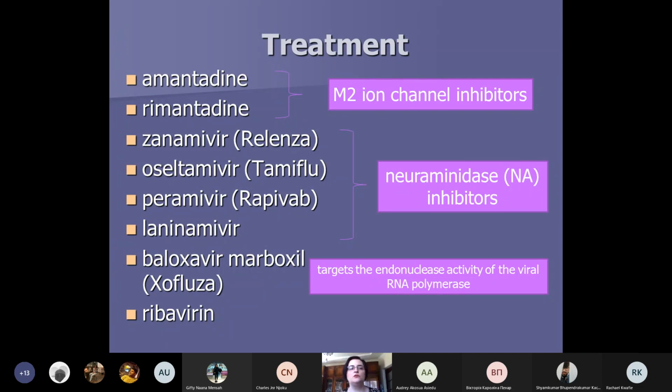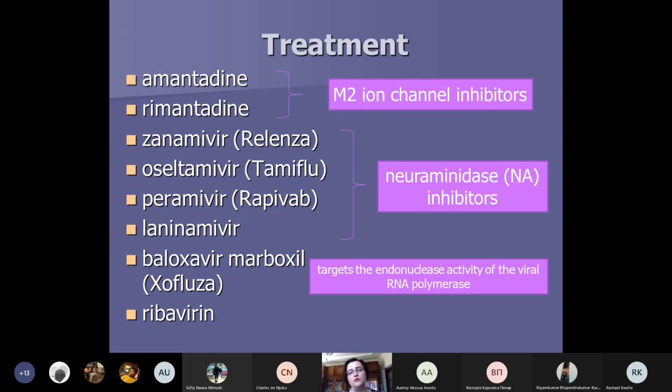Neuraminidase inhibitors include oseltamivir, which is consumed orally in a prodrug form and converted to its active form in the liver, and zanamivir, which is a powder that is inhaled nasally.